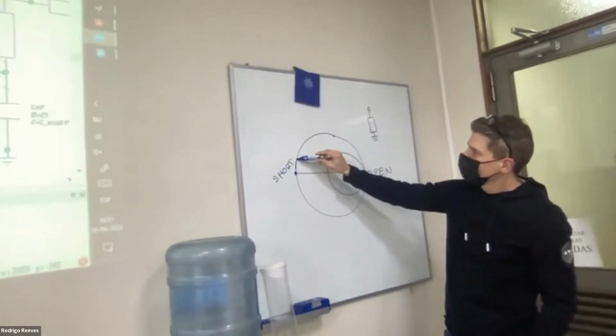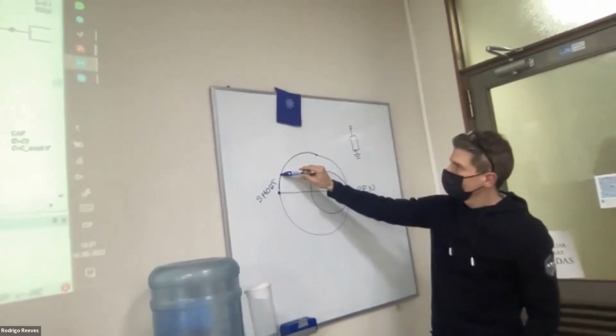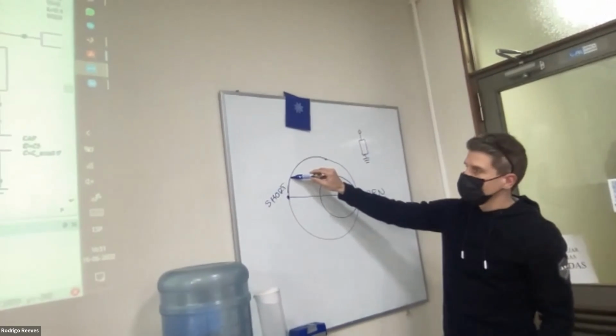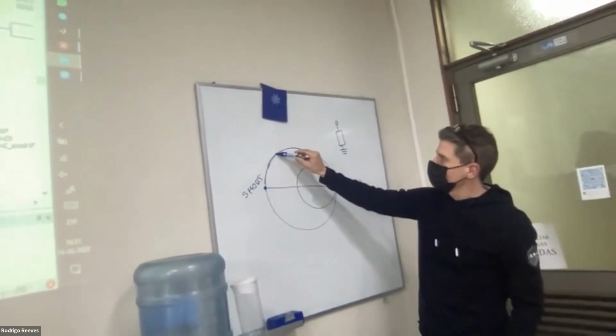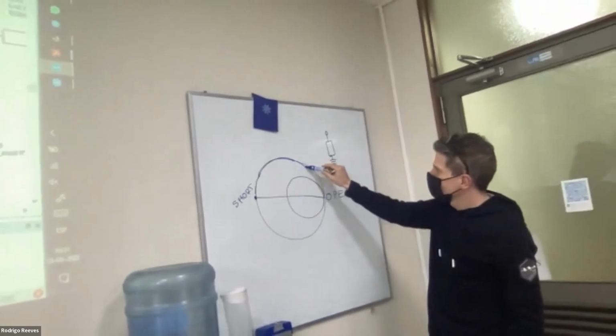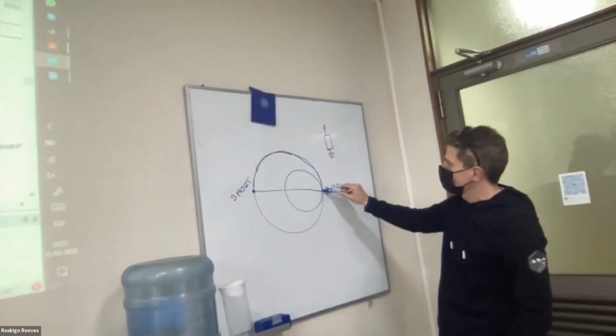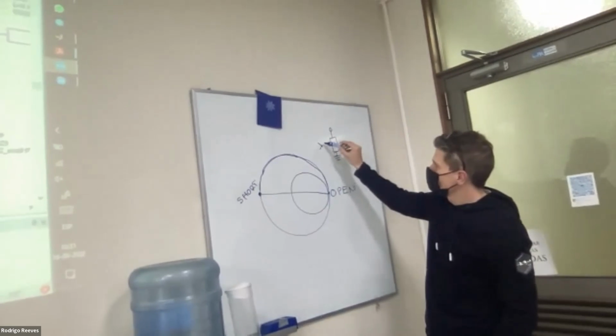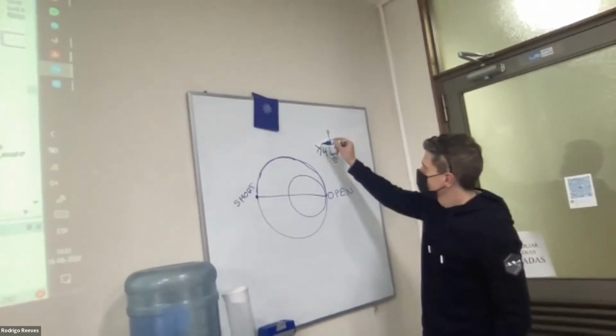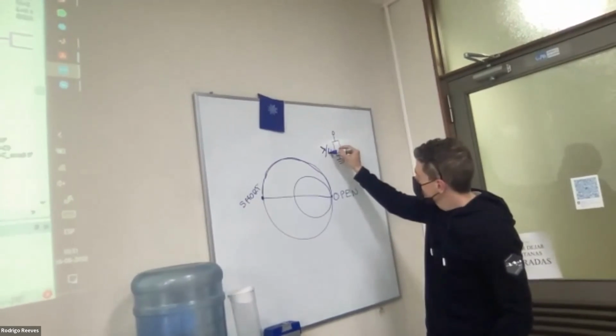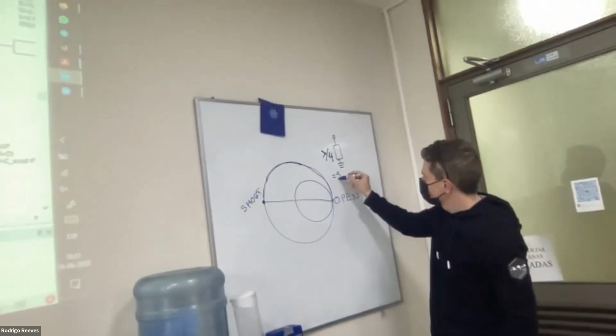So you move on, if it's an ideal shunt stub, you move on the edge of the Smith chart. Finally, you will reach the open once it's quarter wavelength long. Quarter wavelength, that is 90 degrees, right?